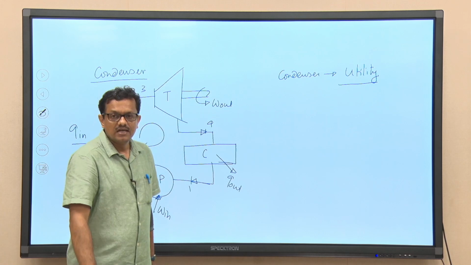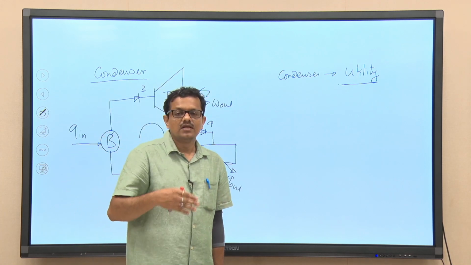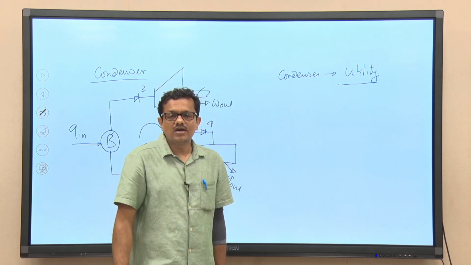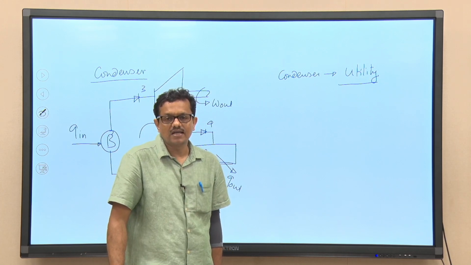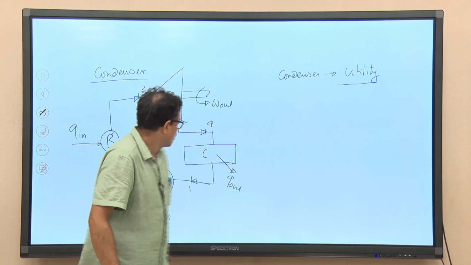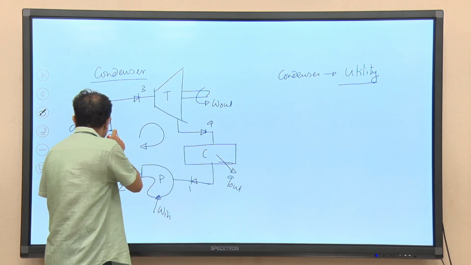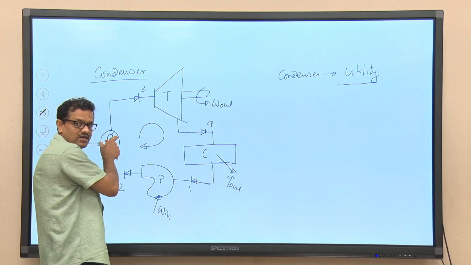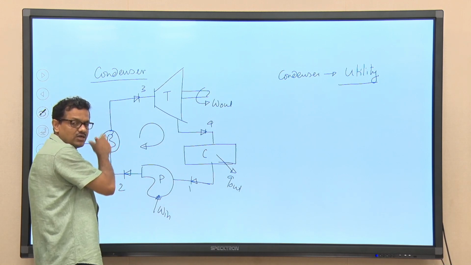We have studied that it is impossible to construct an engine or device which will operate in a cycle while exchanging heat with a single temperature thermal reservoir. So, maybe we have this source, that is one temperature reservoir from where we are supplying heat into the system.